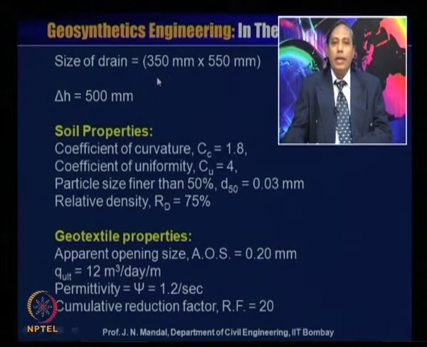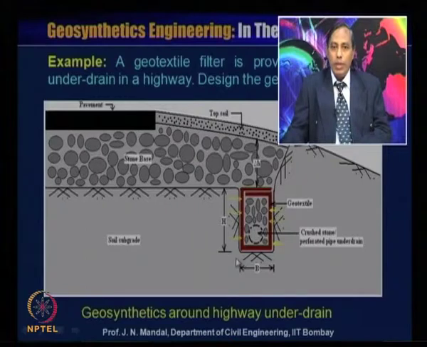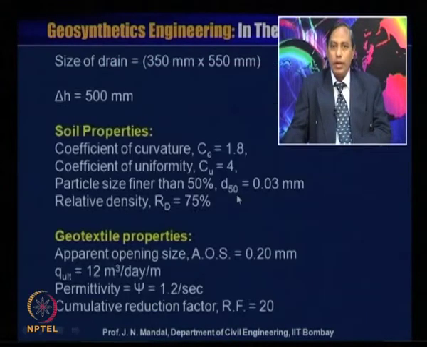Now, the size of the drain is 350 millimeters by 550 millimeters. That means B is 350 millimeters, height H is 550 millimeters, and delta H is 500 millimeters.